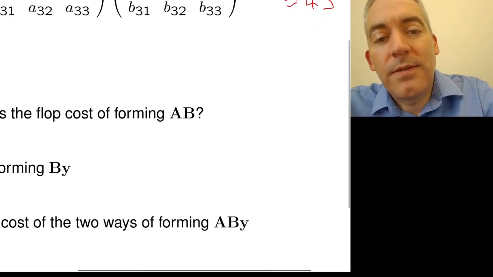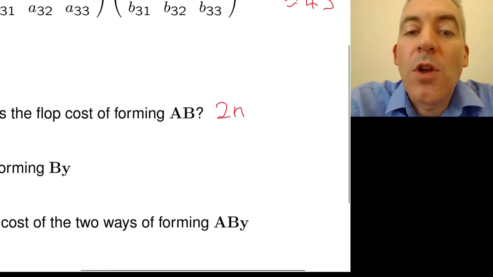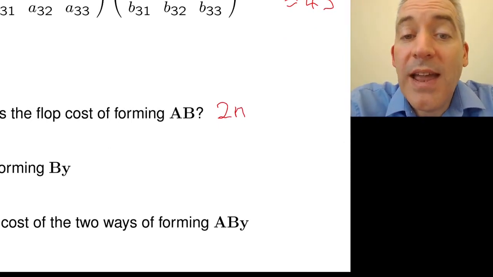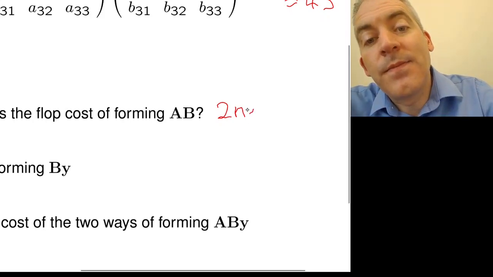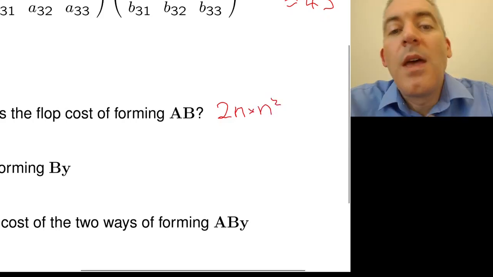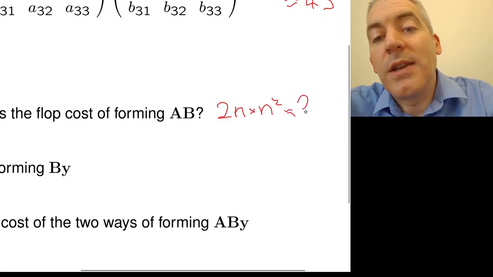So 2n operations to get each element of the output, but there are n squared elements in the output, and so that's going to give us 2n cubed.